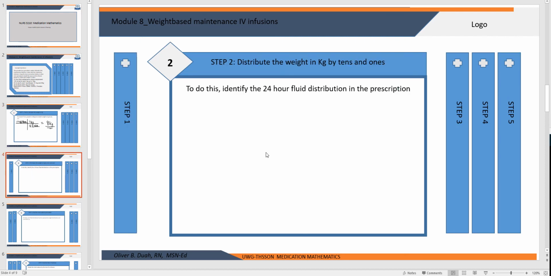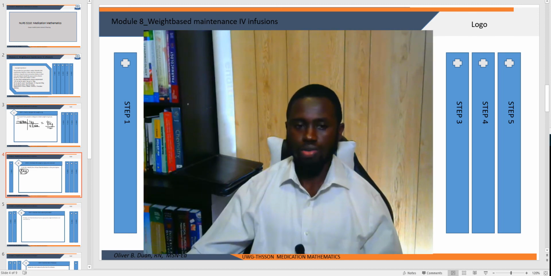The second step is to distribute the weight by tens and ones. Remember, we talked about tens and ones. For our weight of 8 kilograms, we are just in the category of ones, and so there is no distribution.